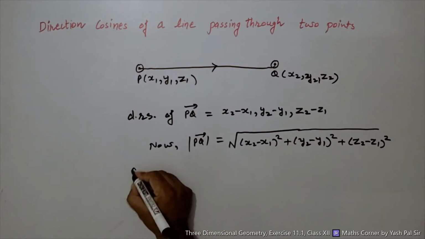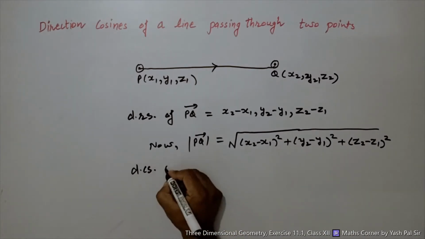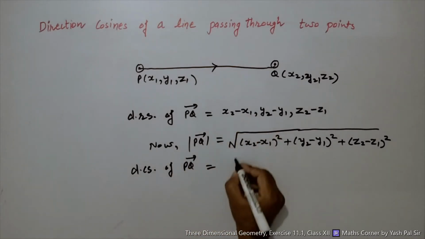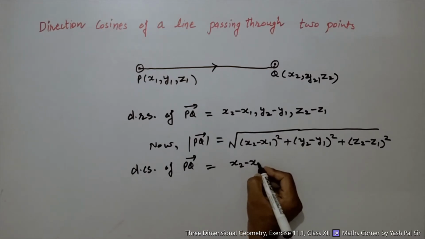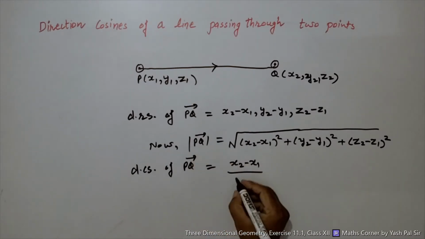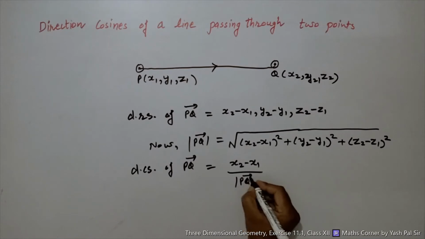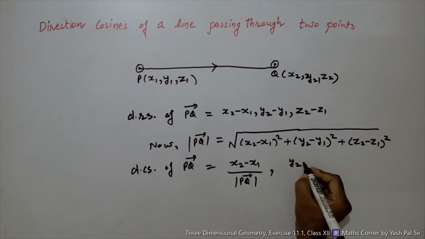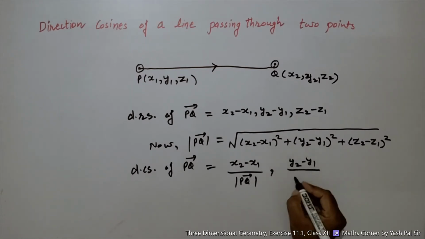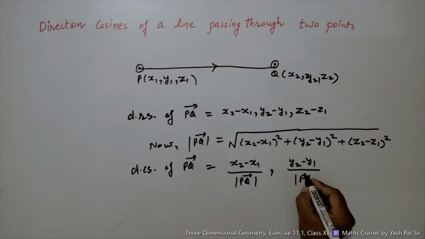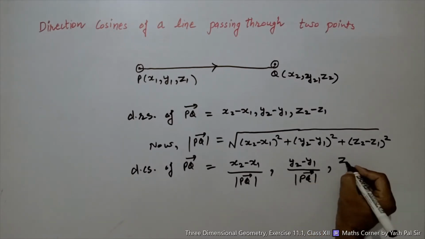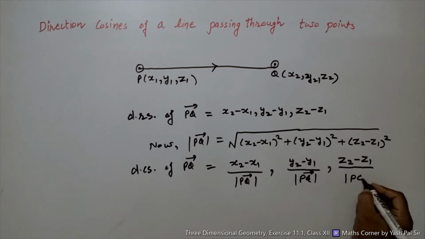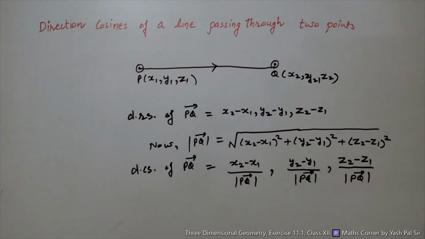So this way direction cosines of the line segment PQ will be equal to x2 minus x1 divided by this magnitude PQ, y2 minus y1 divided by the same magnitude PQ, z2 minus z1 divided by the same magnitude PQ, right?